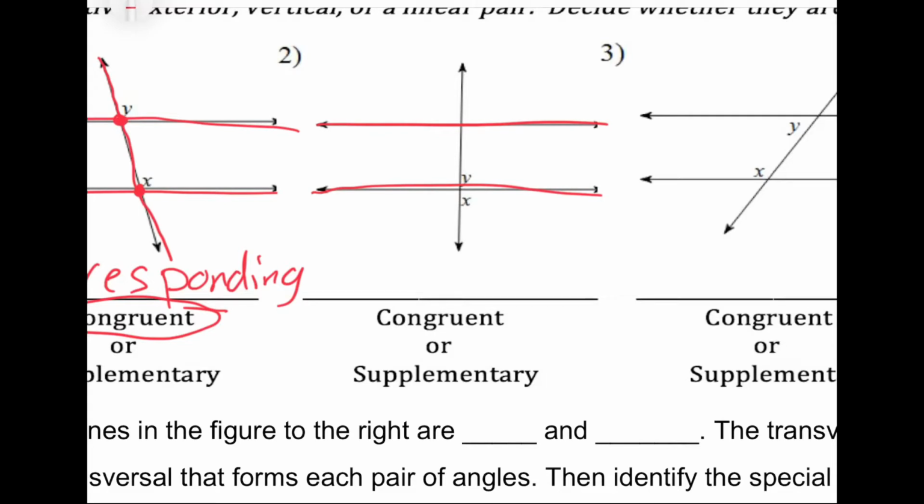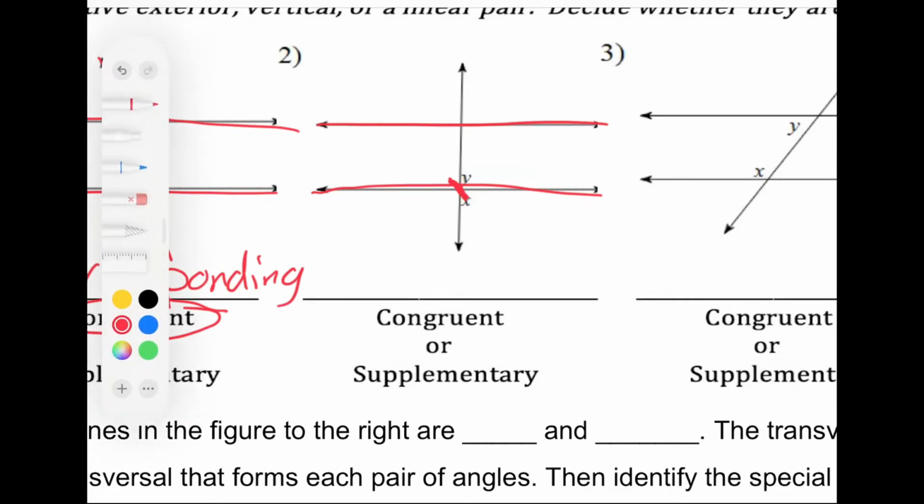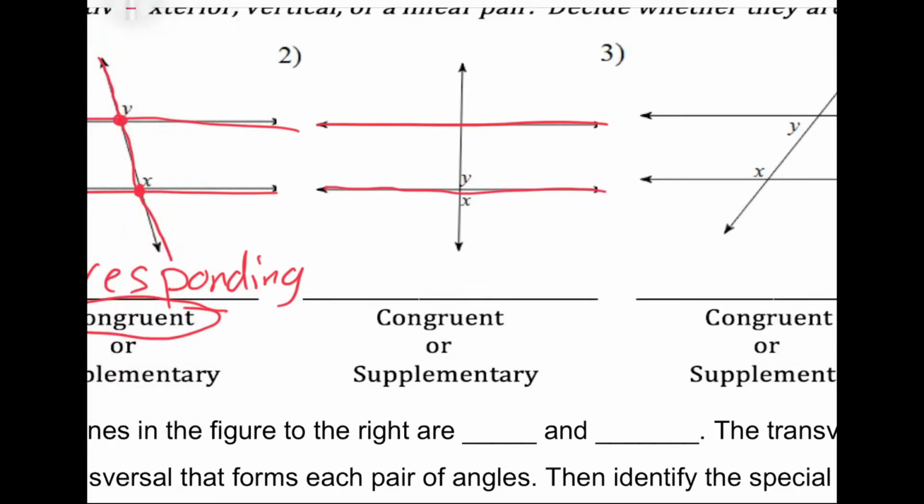Well, to be vertical, they have to be on opposite sides or diagonal from each other on the same intersection. Those are not. X and Y is not in number 2. And then the last one is corresponding. Well, we just saw an example of corresponding. And these are not corresponding because they are on the same intersection. So the only thing that is left is that congruent and supplementary words at the bottom of lesson 1.